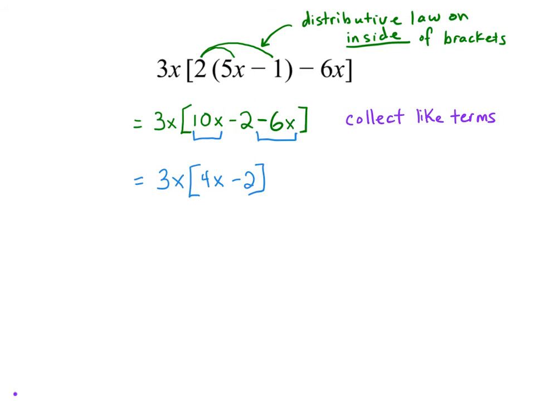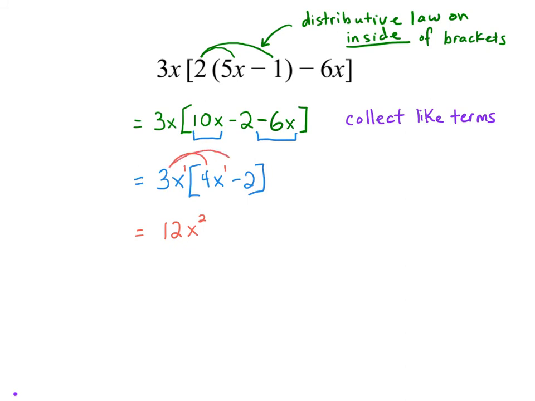And now you're going to do distributive law again. You want to remember on the x's, when there's no exponent showing, the exponent is 1. So 3x times 4x is, multiply the coefficients. 3 times 4 is 12. And for the x's, add the exponents. 1 plus 1 is 2. So 3x times 4x is 12x squared.